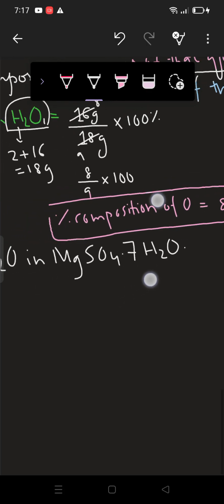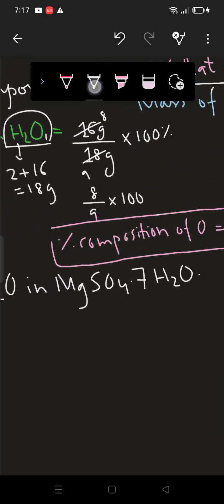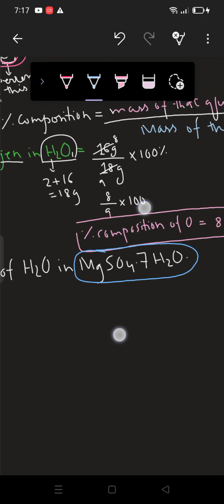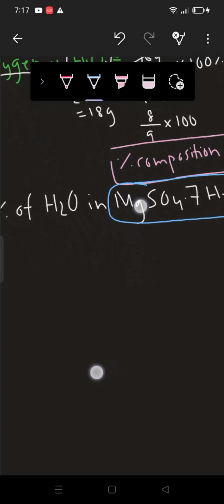Means how much percentage of water molecules are present in the entire compound, magnesium sulfate with 7 molecules of water, right?